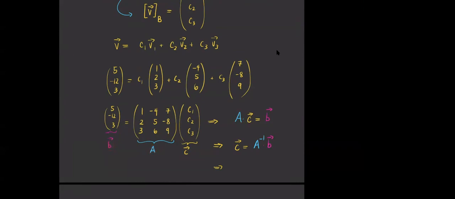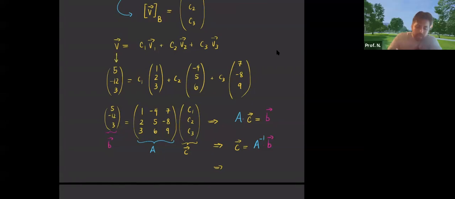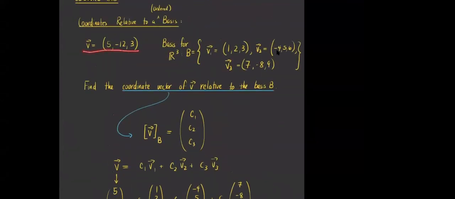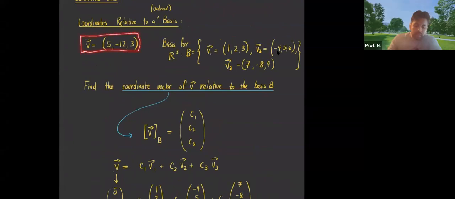Did we define V as (5, -12, 3)? Yes, that's the way we started, by saying V was (5, -12, 3), and then we're given a basis.